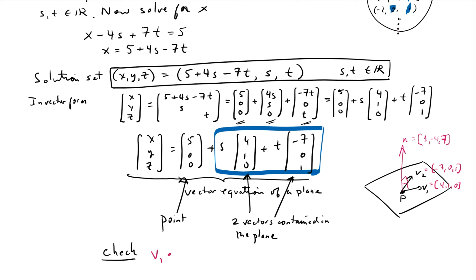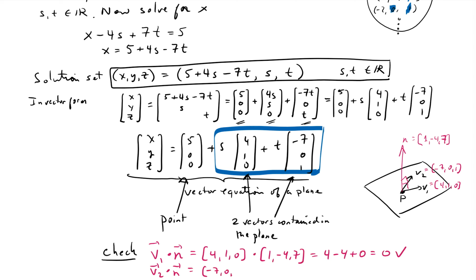So we can check that. If I do v1 dot n to check that they are perpendicular, I'm going to check that the dot product is 0. Let's verify this. (4, 1, 0) dot (1, -4, 7) is 4 minus 4 plus 0, so it's 0, yes. And if I do v2 dot n, it's (-7, 0, 1) dot (1, -4, 7), and we get minus 7 plus 0 plus 7, and we get 0 again.